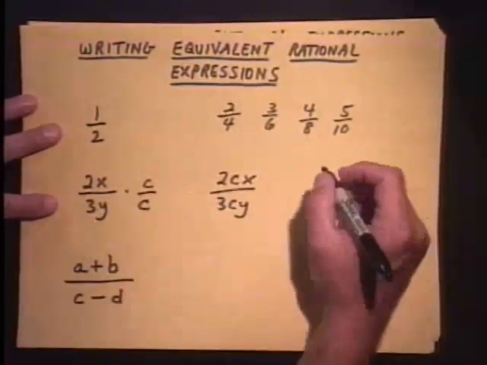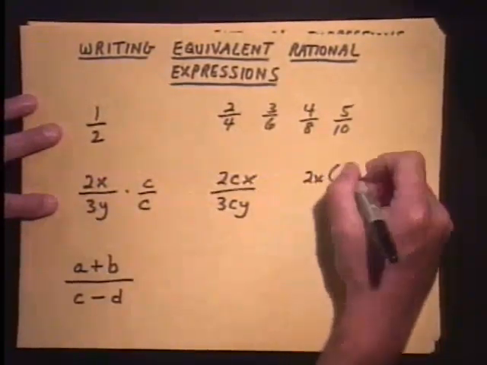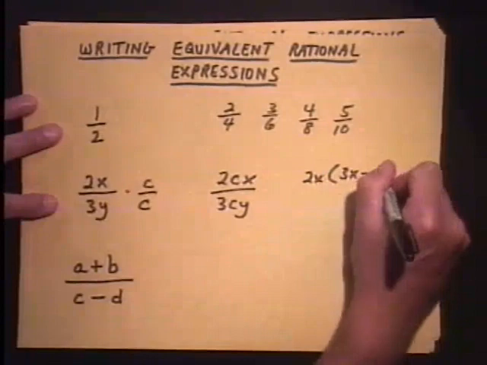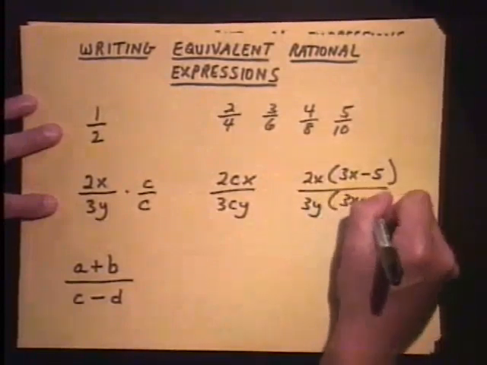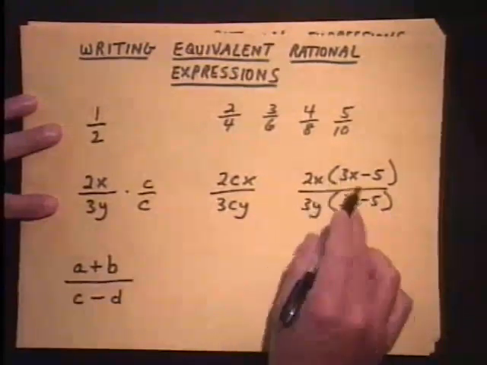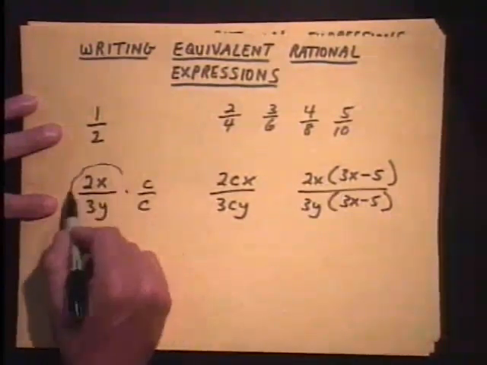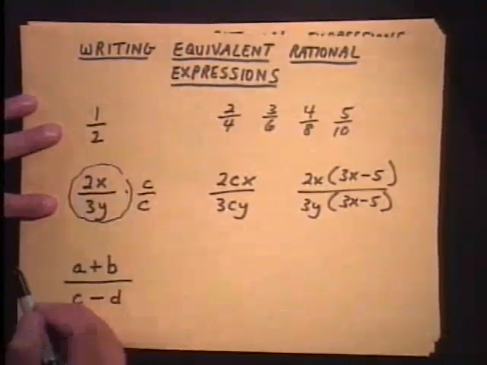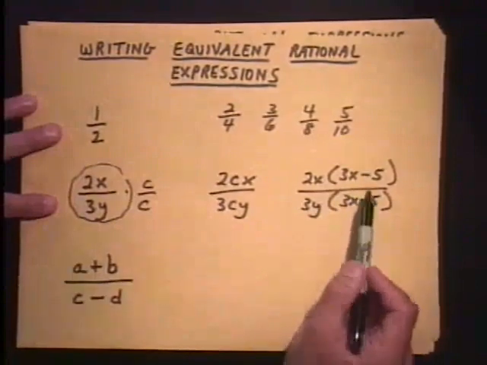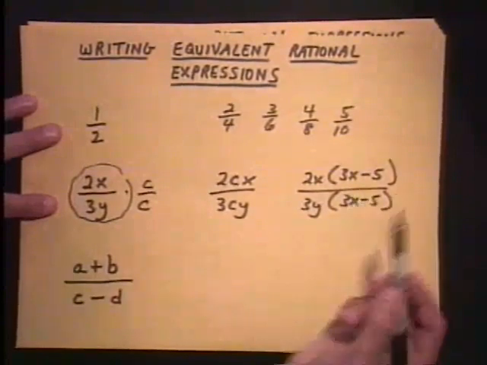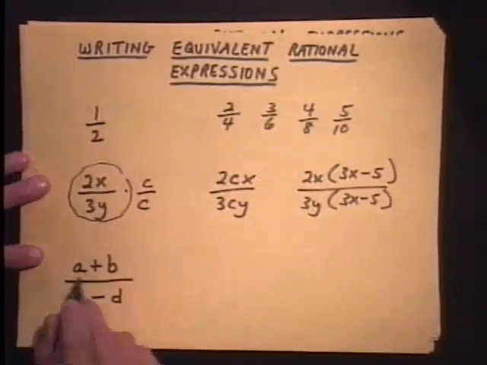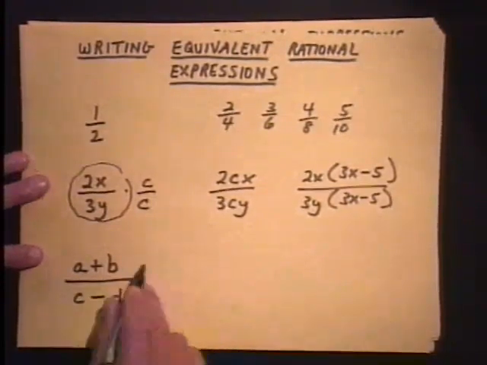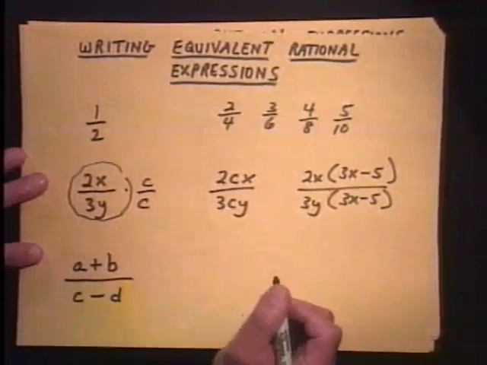I won't show it, but I'll take, how about 2x times 3x minus 5 over 3y times 3x minus 5. Would that be an equivalent fraction to what we started out with here? Why, certainly. Because we are multiplying by the same thing over itself, which is the same thing as multiplying by 1.